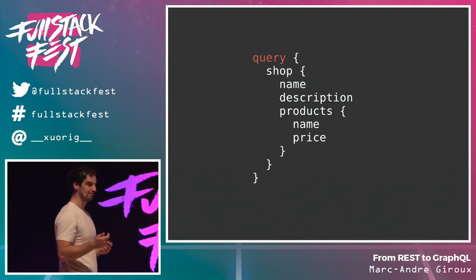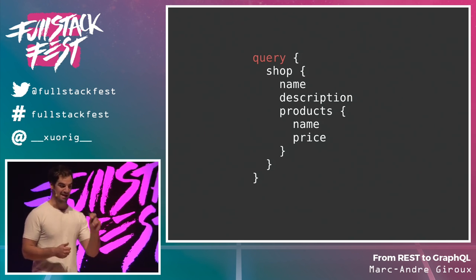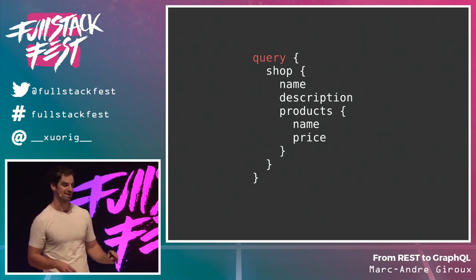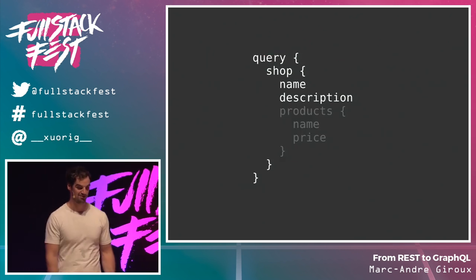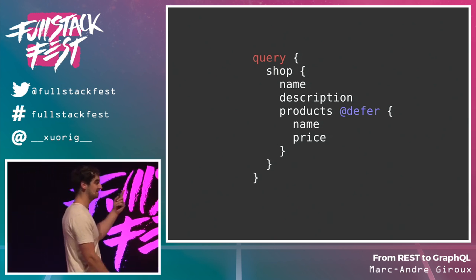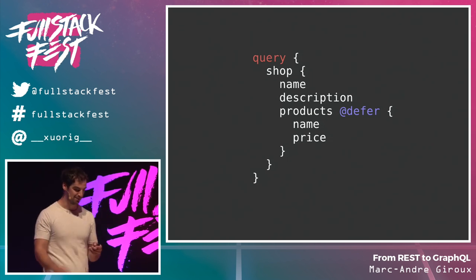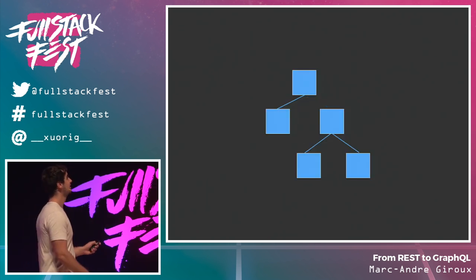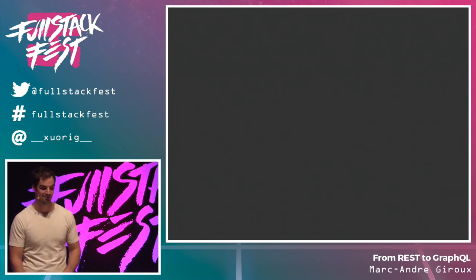So what if, when I query, I could ask the server, send me name and description as soon as you can. If loading the products takes more time, just defer it to later. And we can actually do that with what's called a directive with the @ sign here. And it's telling GraphQL, just split up the query, send me the first part that I really need, and send me the other part later.